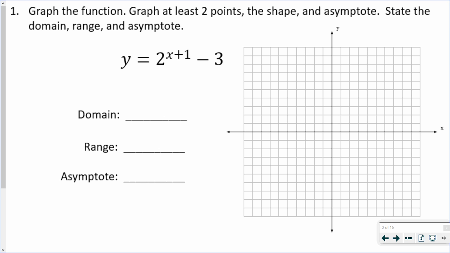You have 1 minute left. Thirty seconds left.